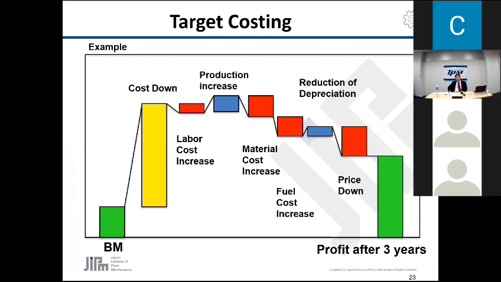But we can get a reduction of depreciation, and we have to have price down to customers. So the profit, we won't get this much if we don't do so. This cost down is your target.